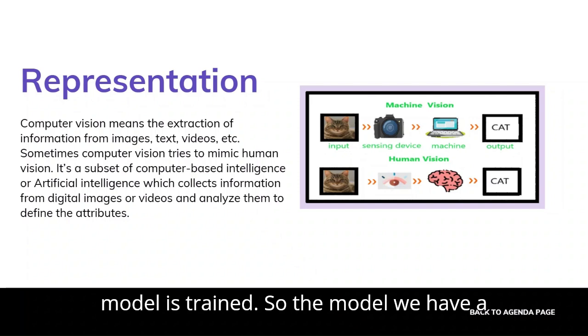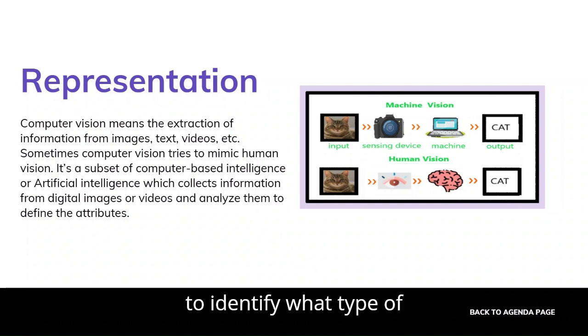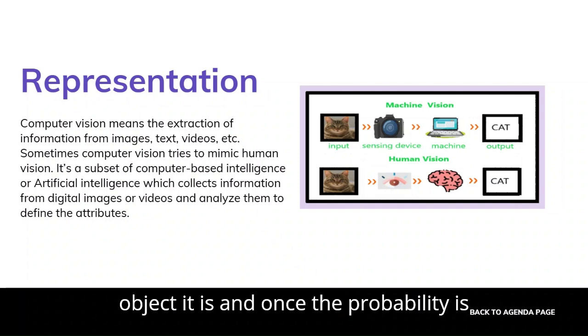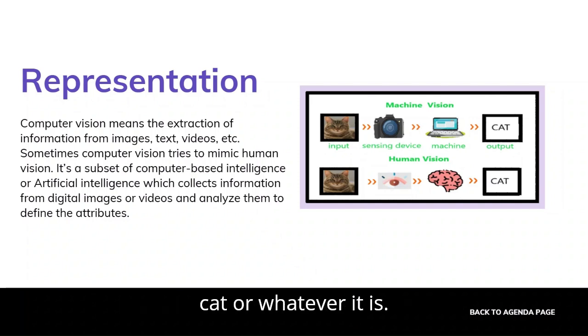The model has a lot of data about cats, so it can identify what type of object it is, and once the probability is matched, it will give an output like cat or whatever it is.